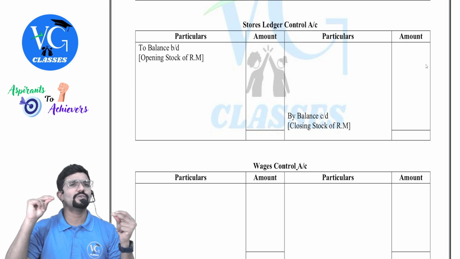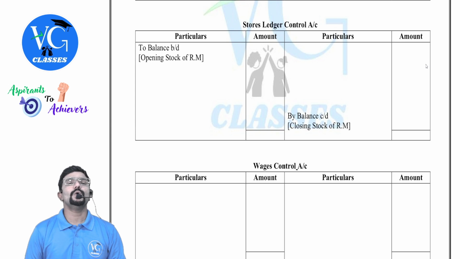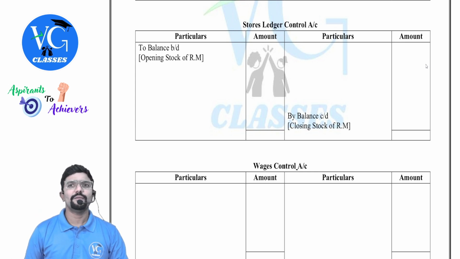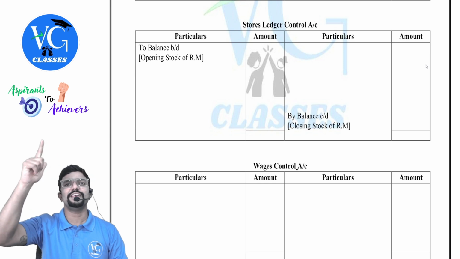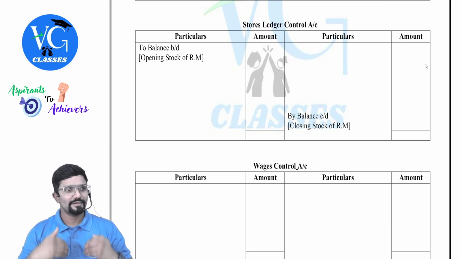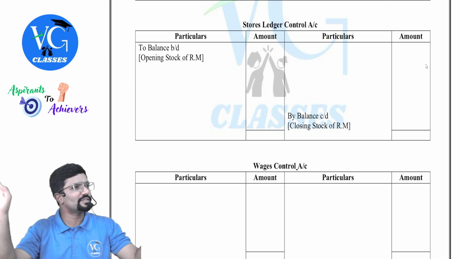What are the golden rules of accounting? Personal account: debit the receiver, credit the giver. Real account: debit what comes in, credit what goes out.